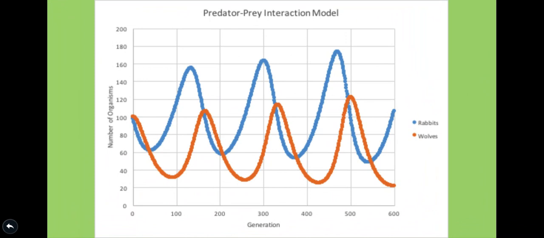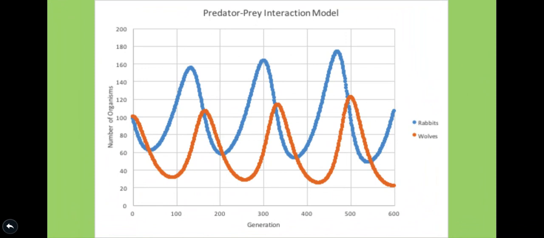And as the number of wolves drops, the amount of predation begins to drop, and therefore the rabbit population, rather than going extinct, is able to begin to bounce back. And as it bounces back, it goes back into an exponential growth, and we get another log curve. It goes up and it plateaus, and you get this going on and on and on over and over.